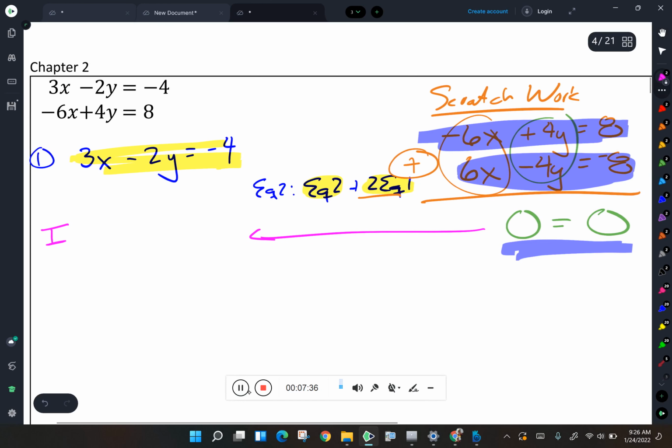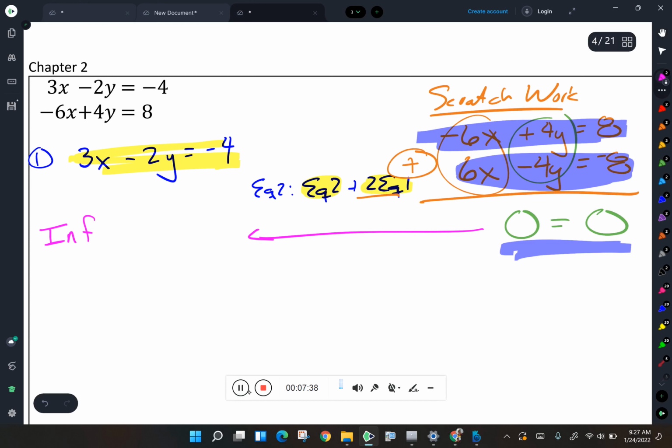So that means that we have infinitely many solutions. Now, what does that mean?